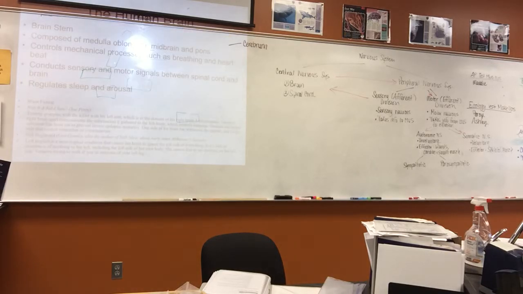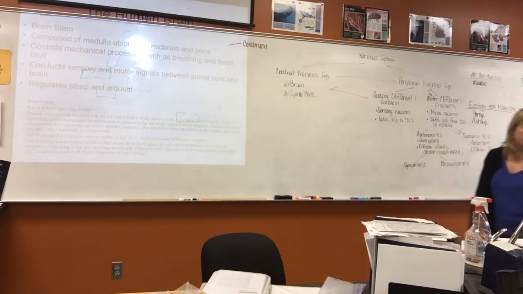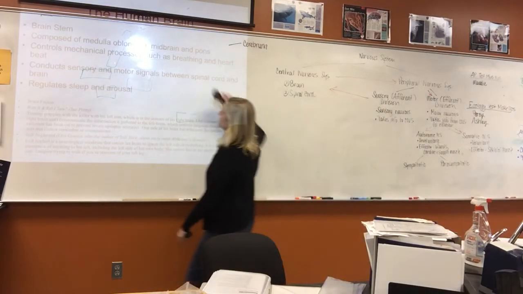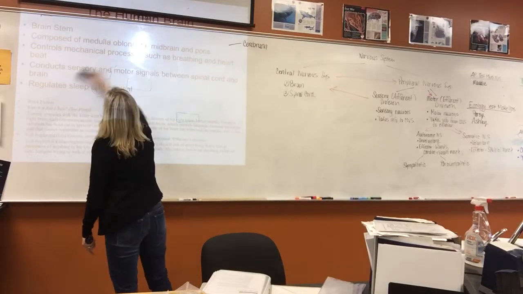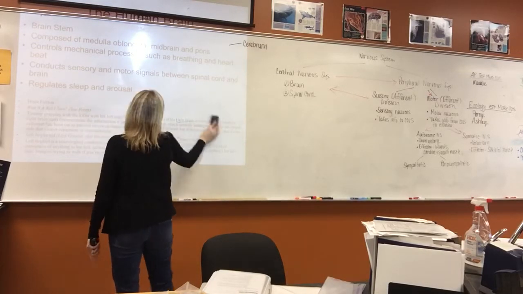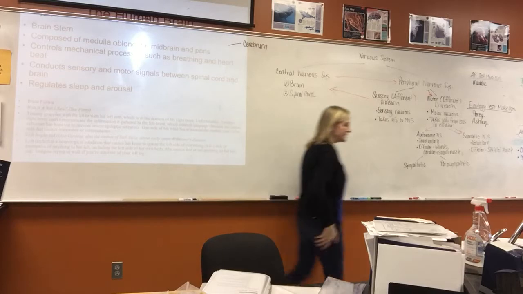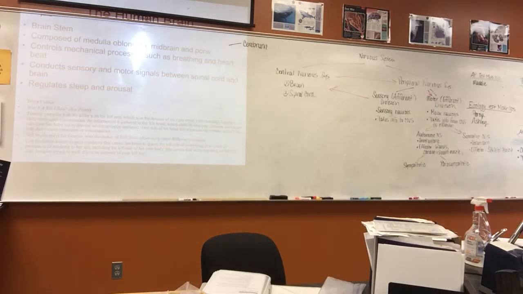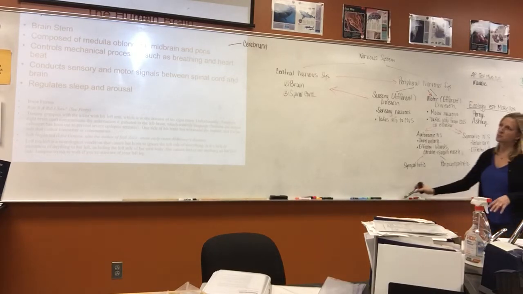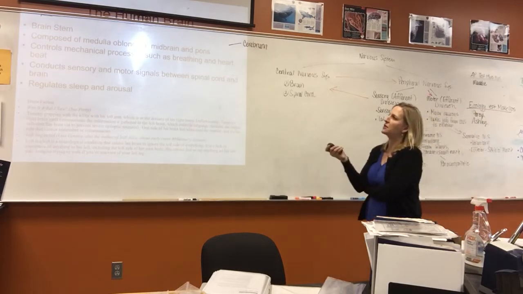Now the brain is sitting on what we call the brainstem. So now you have to go back to that last bullet. This is part of the brainstem. The brainstem has 3 parts: the medulla oblongata, midbrain, and pons. And so just put some collective things on here.